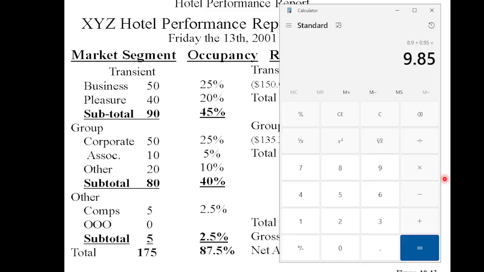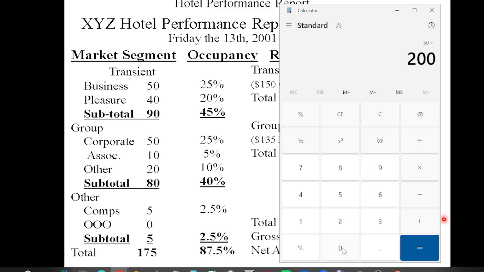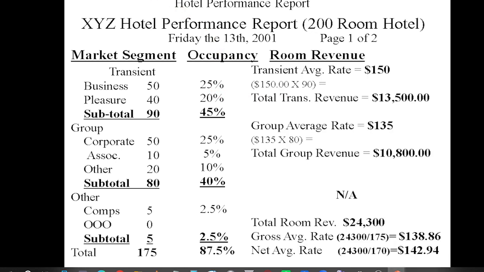Calculator again, very basic. So we have 50 divided by 200 times 100. See, 25. So that means 25% of the total number of rooms.